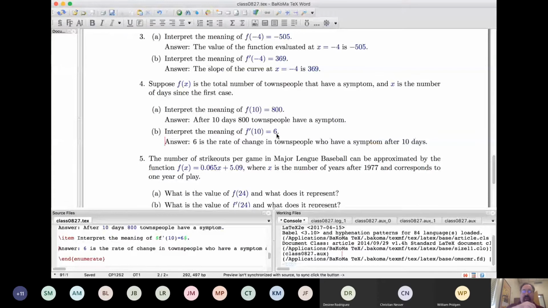So this might be a situation where after 10 days, 800 people total have shown the symptom, but you have not many people newly picking up the symptom. So maybe the rate was higher before and it's slowing down. But these are the kind of key phrases you look for to realize, oh, it's talking about the derivative.